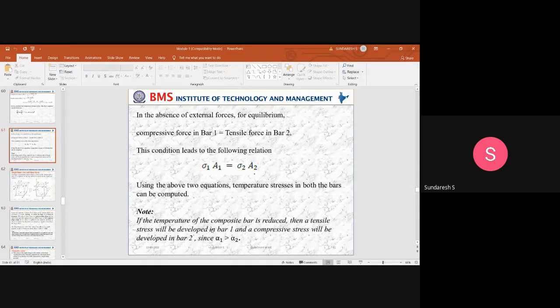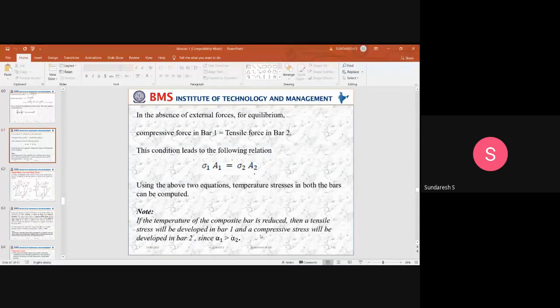When the temperature of the composite bar is reduced, the material will start contracting, so it needs to be pulled out to get the exact total amount of deformation. In a similar way, material 2 undergoes free contraction and needs to be pulled back.